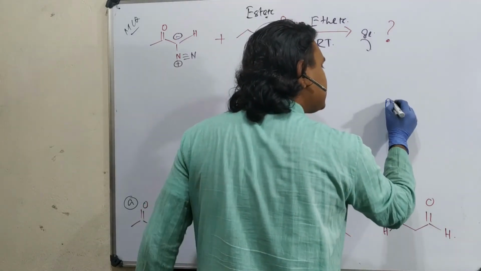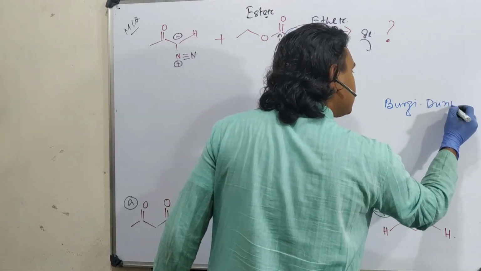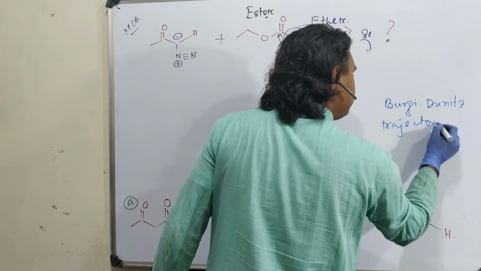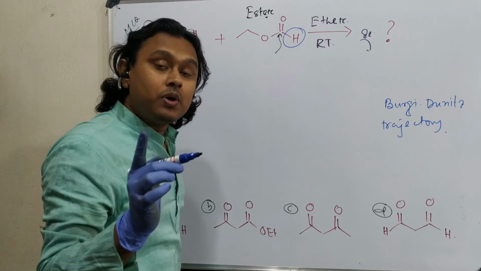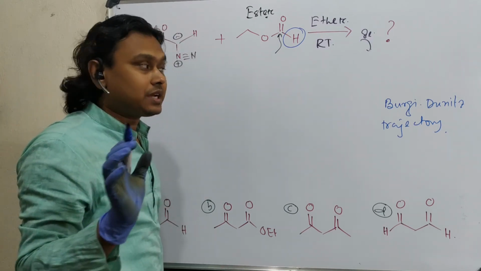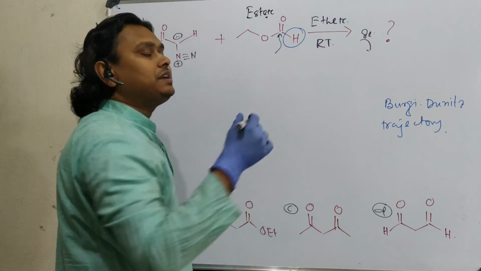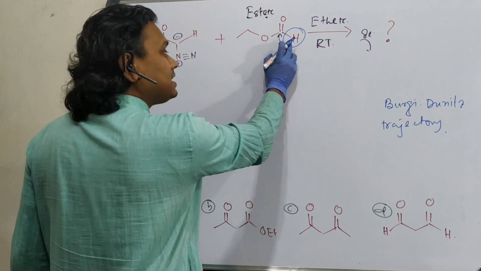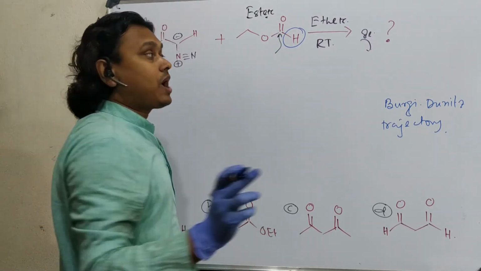I have already described this concept in a dedicated video. Burgi-Dunitz trajectory, what does it mean? It means how the nucleophile will attack the carbonyl group in order to have an addition reaction. Around 107 degrees, near about, and in case of aldehyde the reaction is faster, in case of ketone less. Why? Because the steric repulsion is less in case of aldehyde, because this is hydrogen. Another thing, plus I effect is also absent.